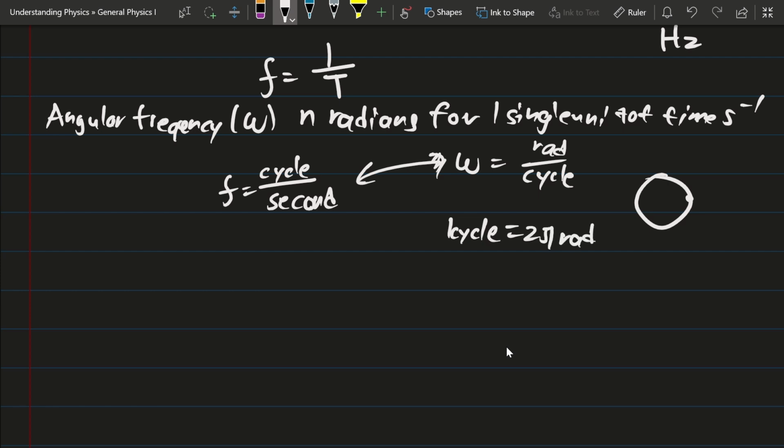And so by using this relation, we could convert by writing this as omega multiplied by 1, which is the cycle over 2 pi radians.